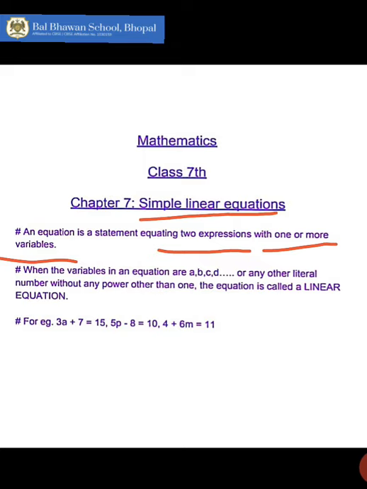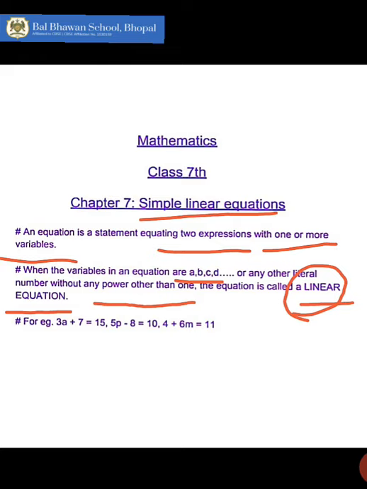Now, what are linear equations? In a linear equation, children, the variables in the equation, for example a, b, c, d, or any other literal number, will have the power only as 1. It will not have any other power other than 1. Such an equation, with the power of the variable only 1, will be termed a linear equation.